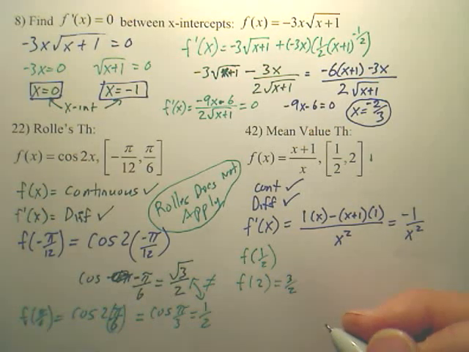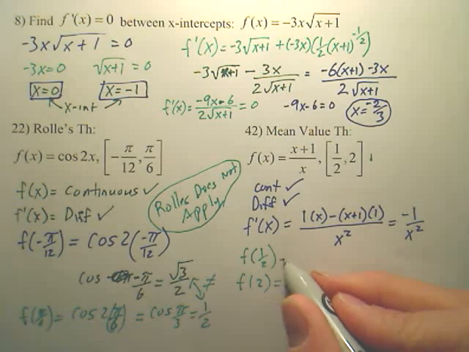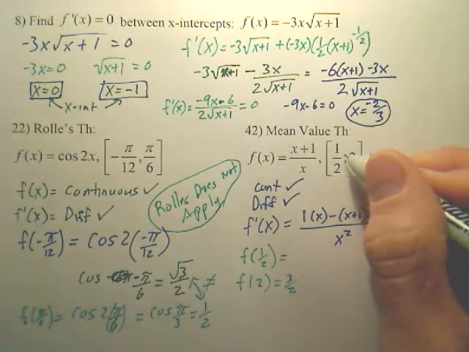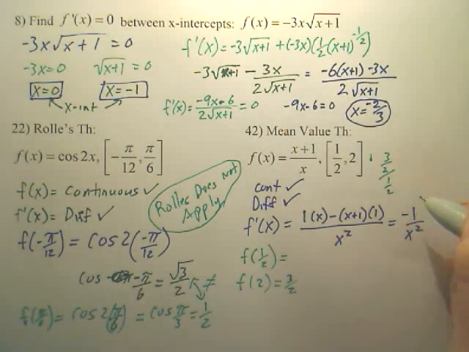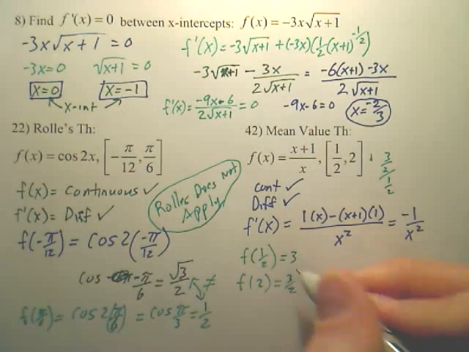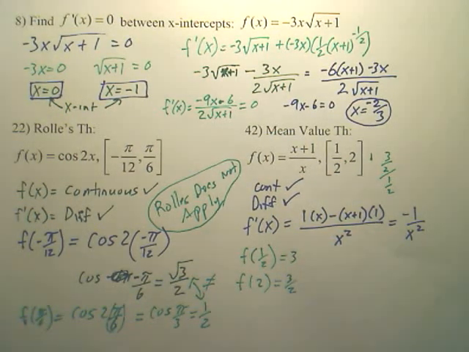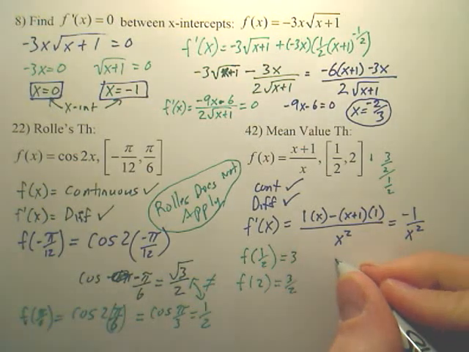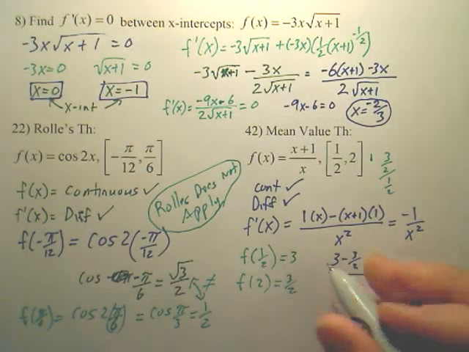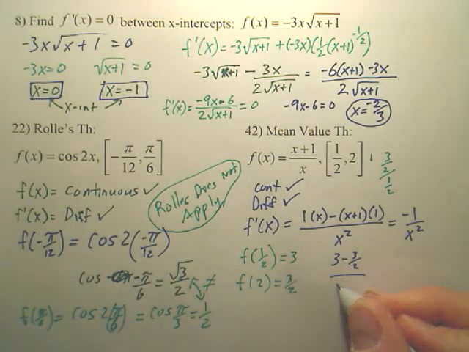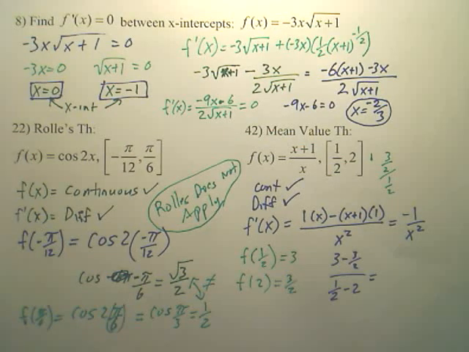F of 1/2 is going to be, well, these are a little bit harder. 1/2 will be 3 over 2 over 1/2, which is 3. And if you find the slope of these, so you go 3 minus 3 over 2, this minus this over 1/2 minus 2. What do you guys get for your slope?